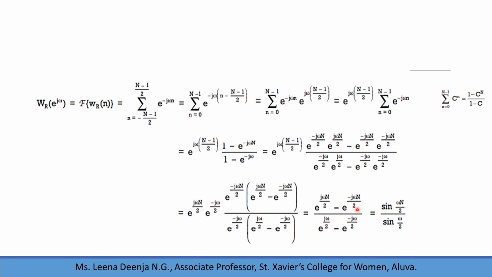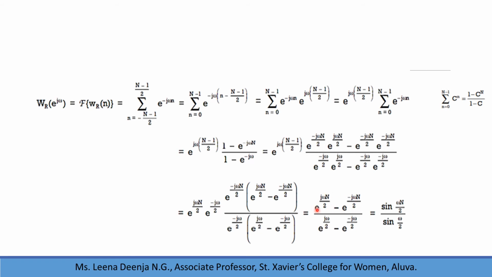Now this is equal to (e raised to j omega N by 2 minus e raised to minus j omega N by 2) divided by (e raised to j omega by 2 minus e raised to minus j omega by 2). And we know that (e raised to j theta minus e raised to minus j theta) divided by 2j is sin theta.